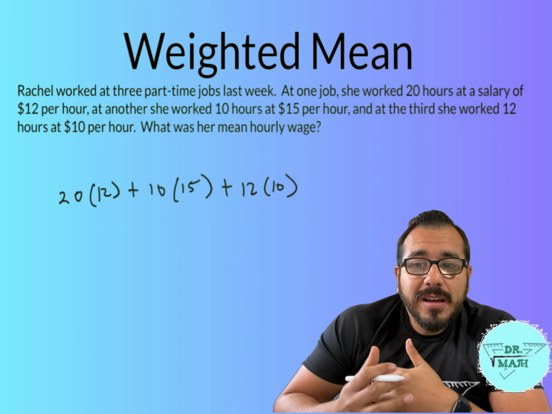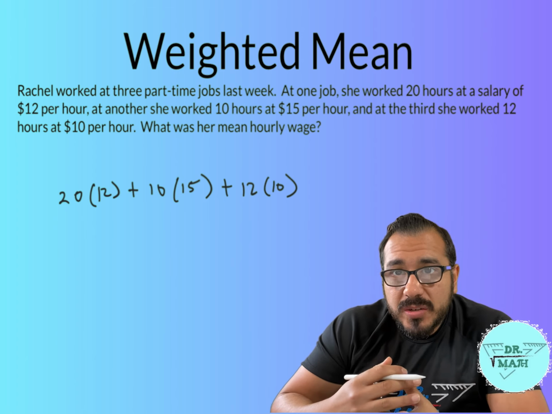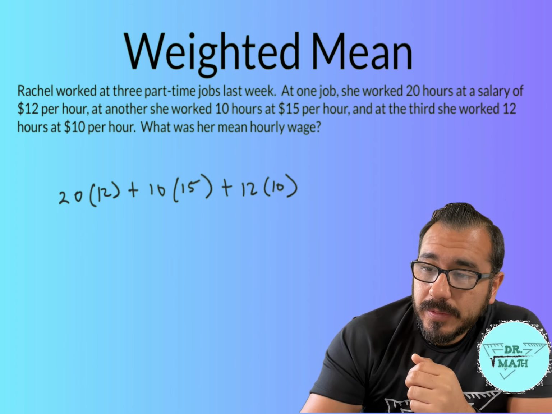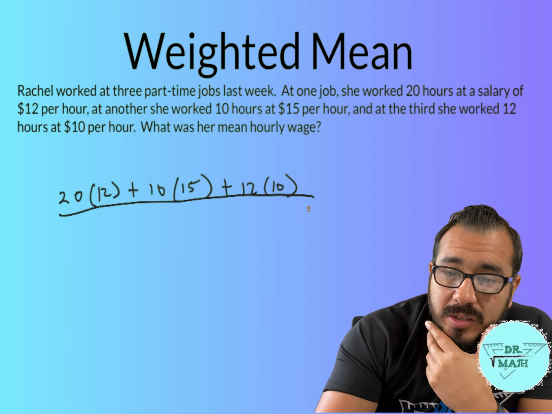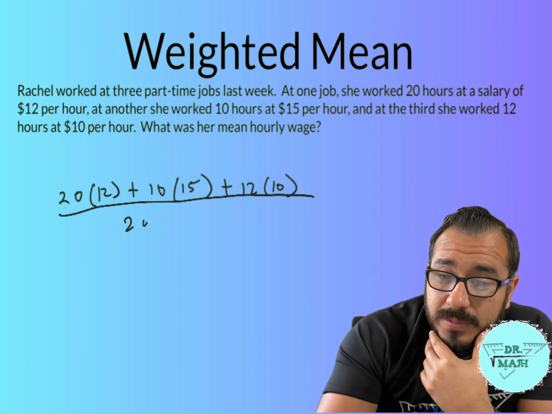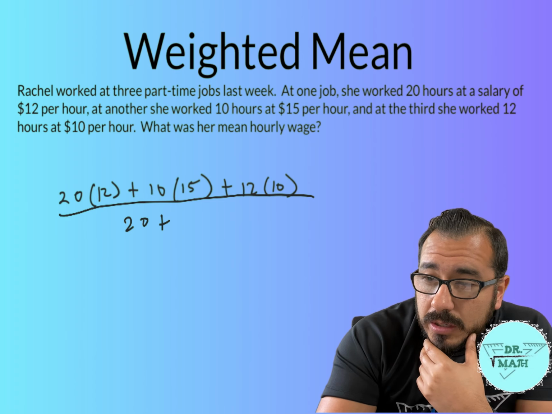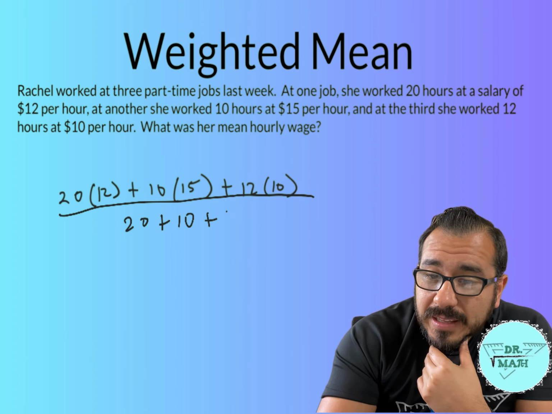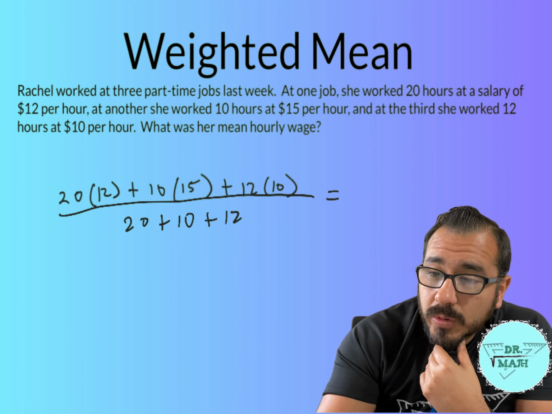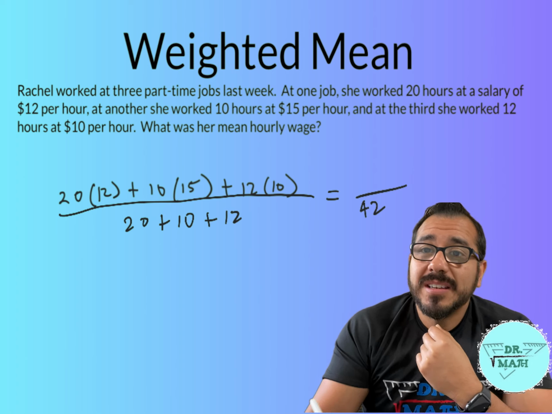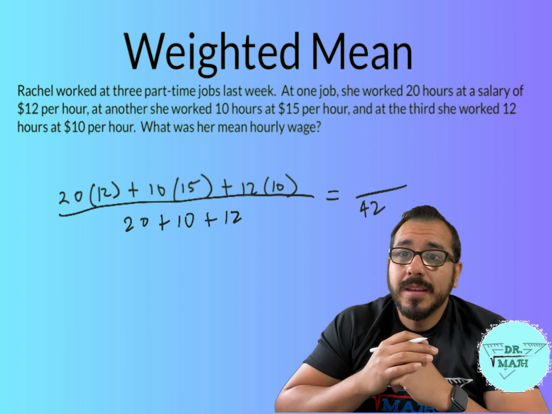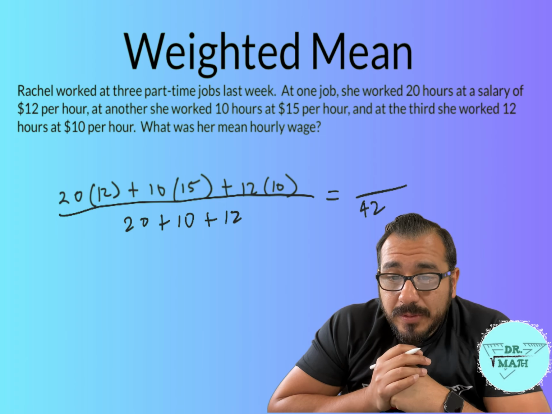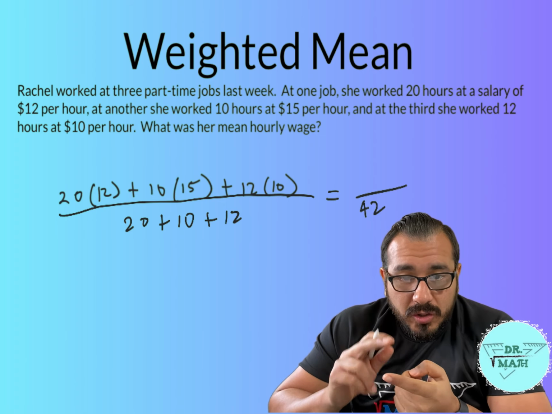Well, if we want to find out how much she's making on average per hour, what we do is divide that by the number of hours that she worked. For the first job, she worked 20 hours. That second job, she worked 10 hours, so we're at 30, and then she worked another 12 hours at the last job. So in total, she worked 42 hours. So that's what we're going to divide by. Then we multiply 20 times 12.